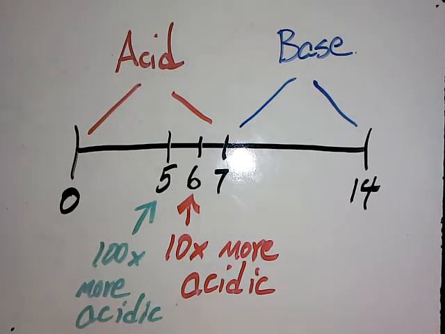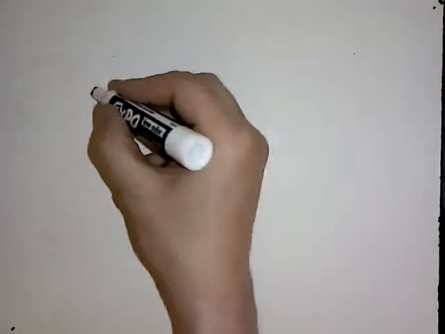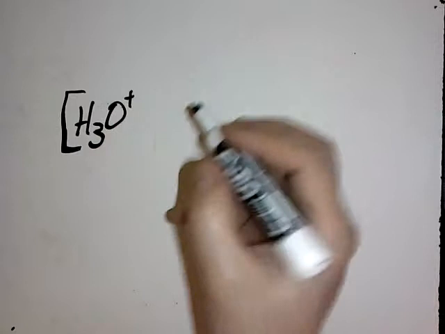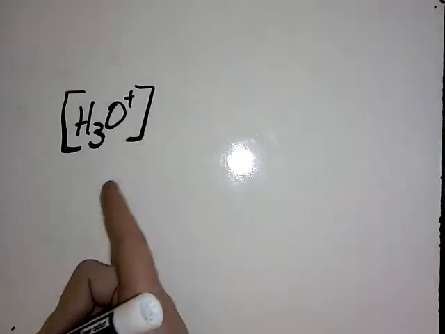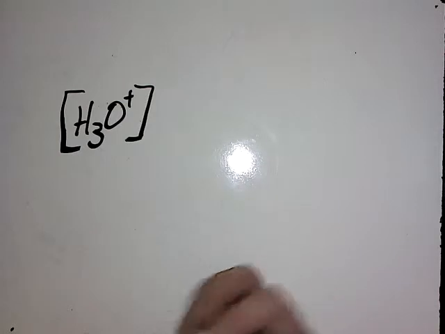And this entire scale right here, like I said, is related back to hydronium concentration. Let me give you an example. Let's say that you had an acid, and I measured its concentration of hydronium ions. Remember, if we're talking concentration, we're talking molar concentration, which is moles of solute per liter of solution.